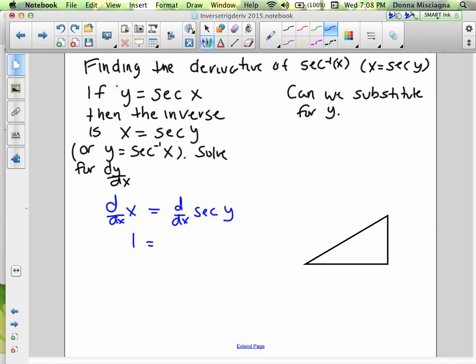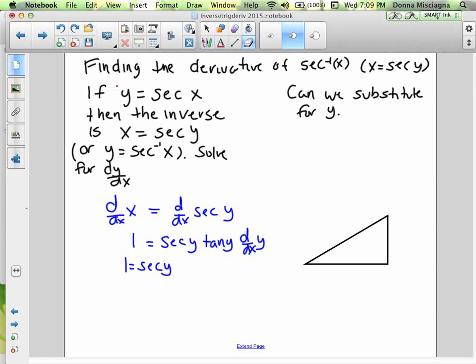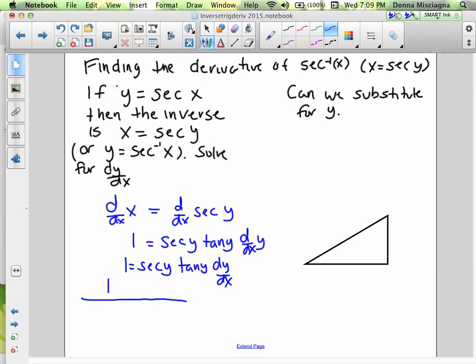The derivative of secant y is the derivative of secant times the derivative of y, so that would be secant y tangent y, and then the derivative of y with respect to x. So that would be 1 equals secant y tangent y dy/dx.